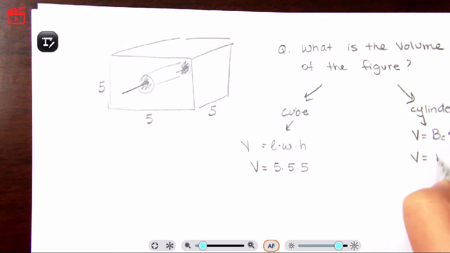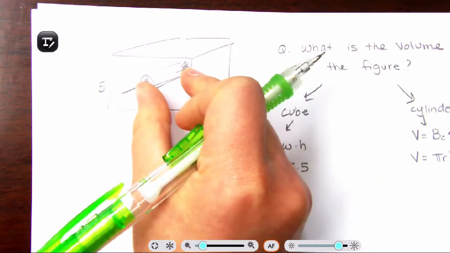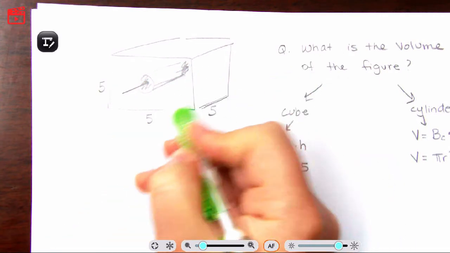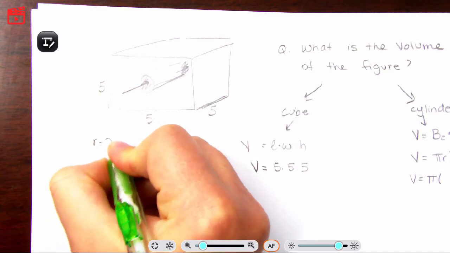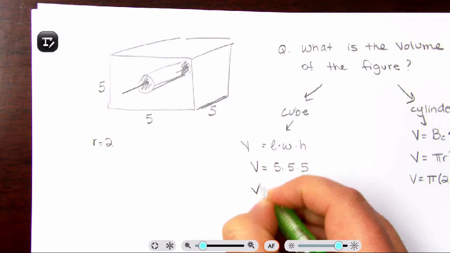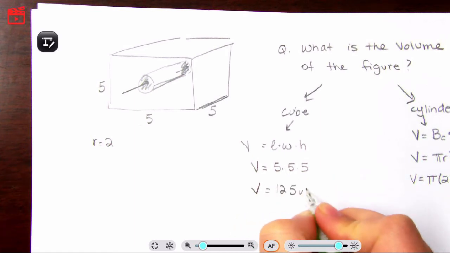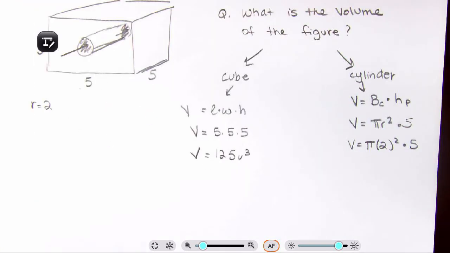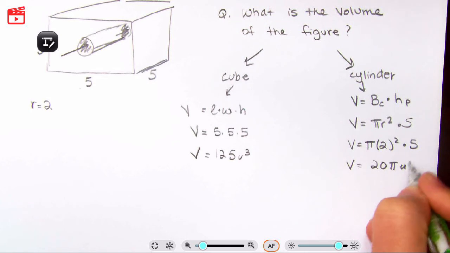So area is pi r squared times the height. So what is this height? Well, this right here is the same as this. So it's 5. What is our radius? Ooh, I did not give you our radius. Let's say our radius is 2. So then what is our volume? This right here is 125 units cubed. This right here is 20 pi units cubed.